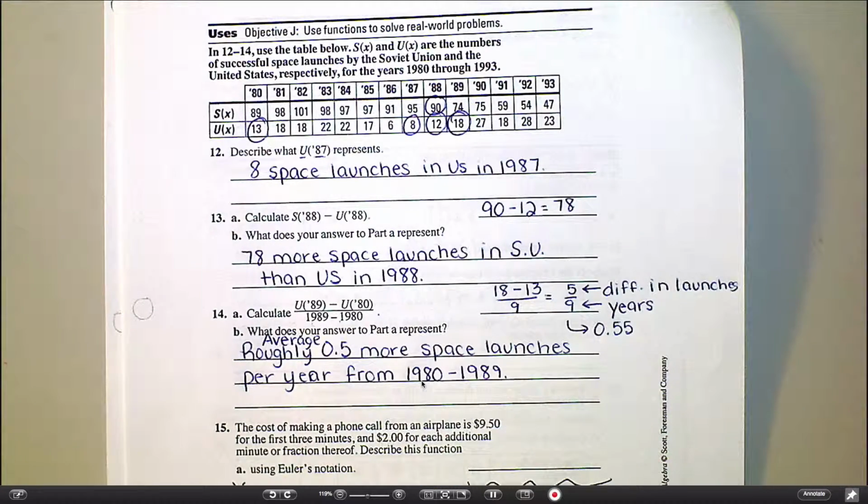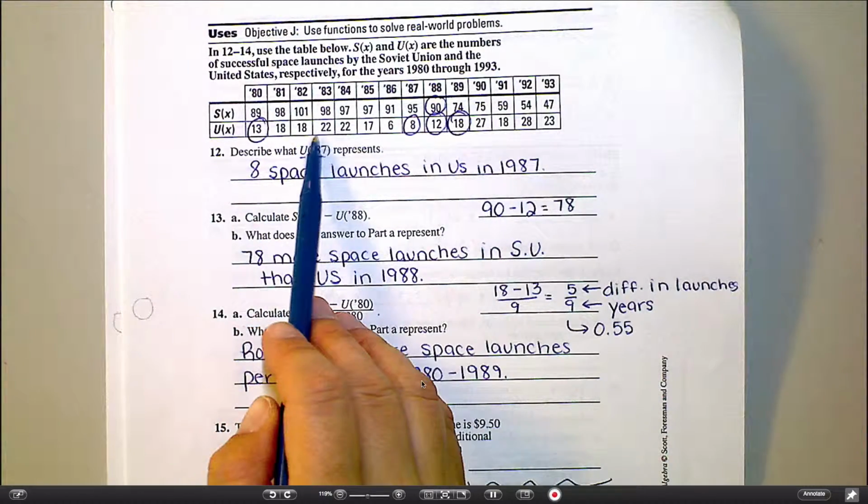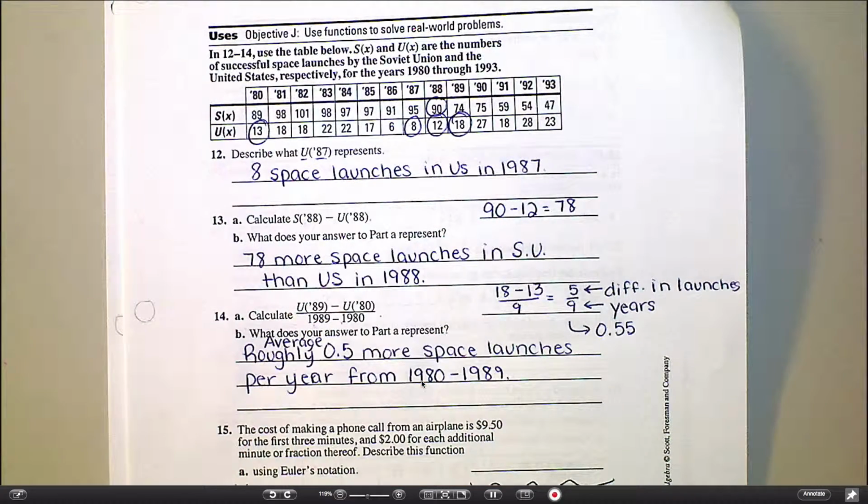Now that doesn't literally make sense, right? You can't have half of a space launch. But that could be one every other year, right? Like we've added one more space launch every other year. And that's not exactly true when you look at these numbers, but that, like Clay said, that's on average. On average, we added one more every other year. Okay, that's what that number is telling you.